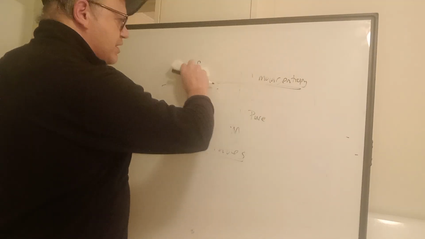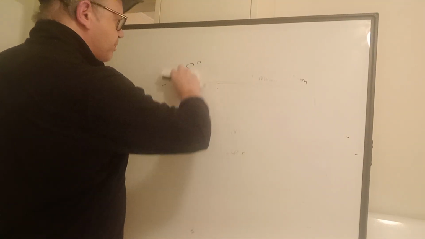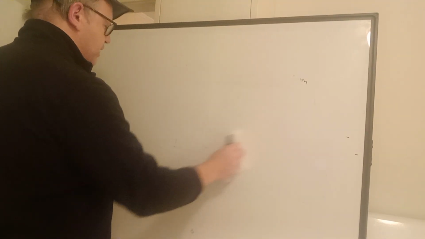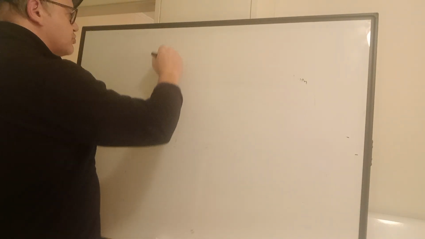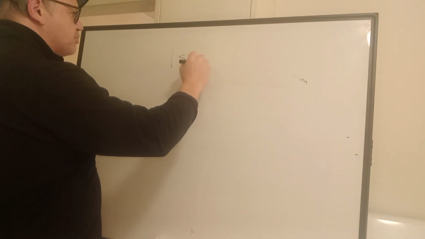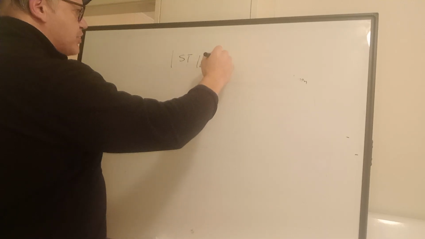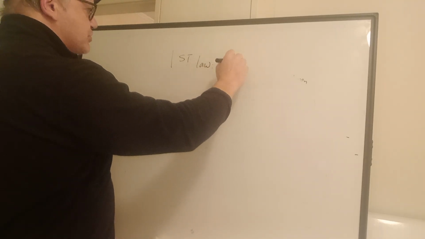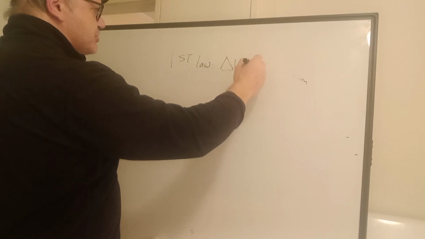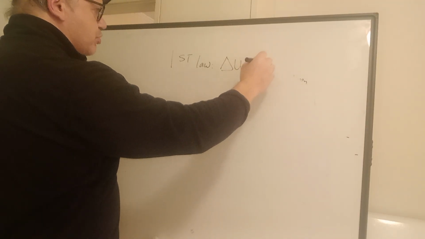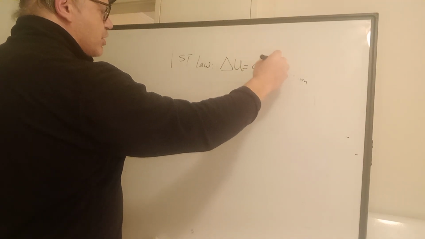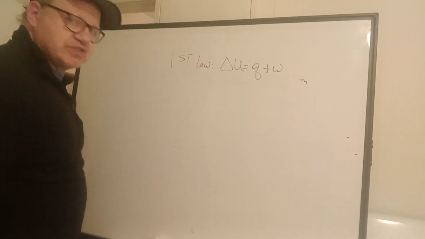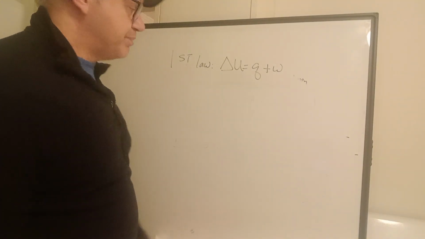We have 3 big laws in thermo. Last semester, we introduced the first law. I'll just put them in mathematical forms. We could say that's, for a reaction or a process, the change in internal energy is equal to heat and work. It's really a restatement of conservation of energy.